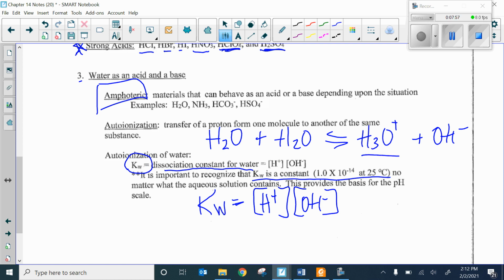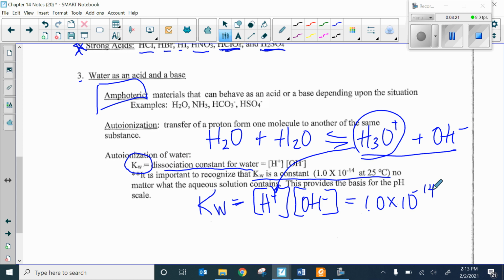So we still have our products. And again, remember that I can write the hydronium ion, or I can use the shortcut and write the hydrogen ion. Either way, they mean the same thing. So I have my products over my reactants. My reactants are water. I omit them. So this is what my equilibrium expression is for water. And we know the Kw of that is 10 to the negative 14.